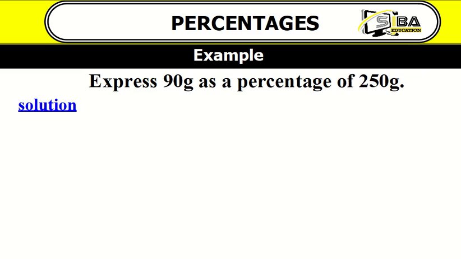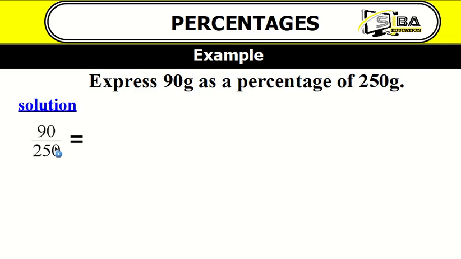So let's look at this example. Express 90 grams as a percentage of 250 grams. We are going to express the first quantity, which is 90, as a fraction of the second one, which is 250. So it's going to be 90 out of 250.